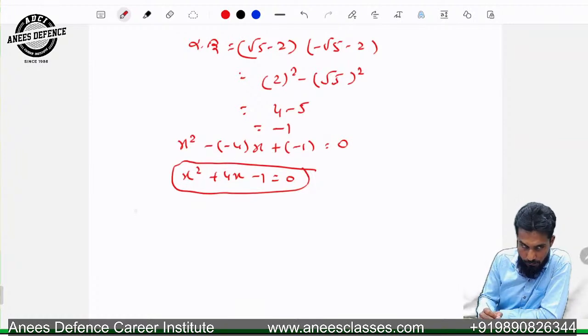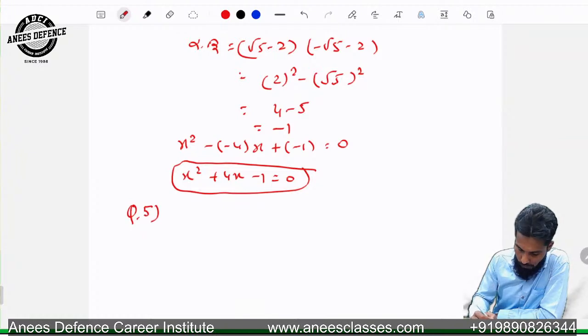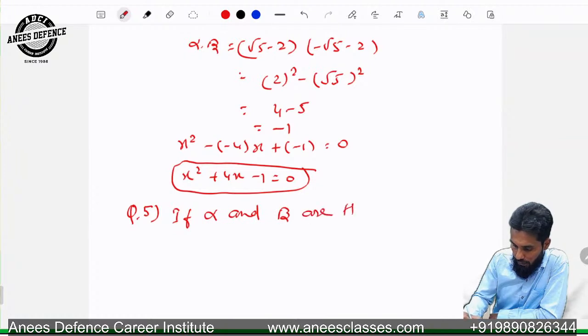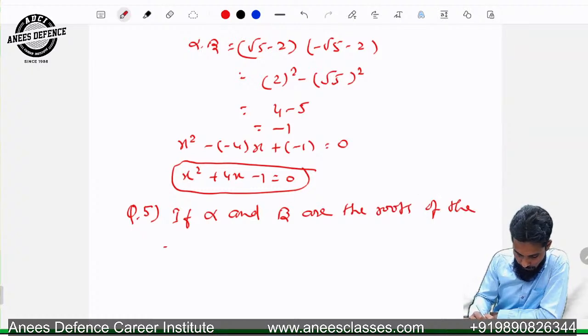Question number 5. They have given that alpha and beta are the roots of the equation x square minus a of x plus 1 minus b equal to 0.